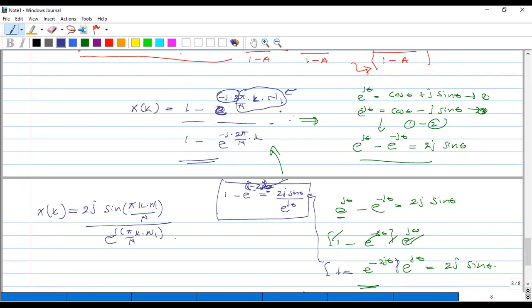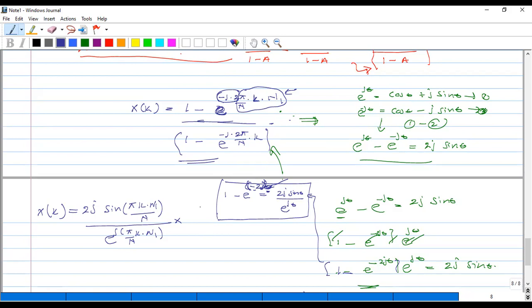So I apply the same result for the lower part also. I will put the multiplication value here. Here it is a division, so it should be 1 by multiplication.